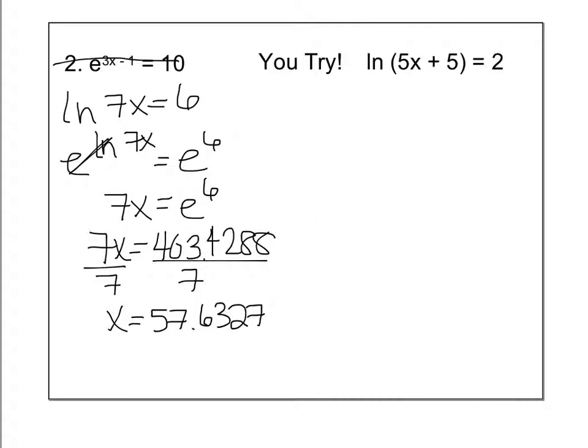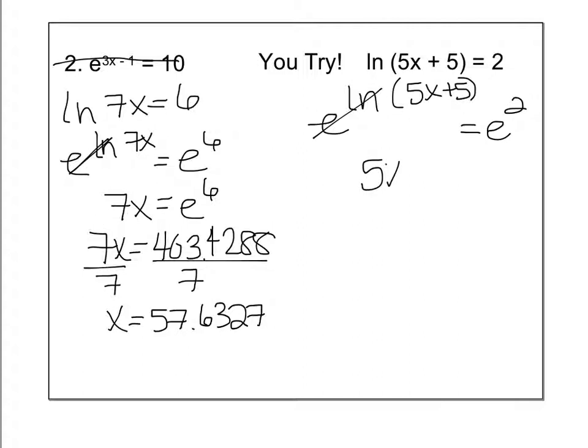So since there was an ln, we should have inserted an e to both sides. The e and the ln cancel, which drops this to 5x plus 5. e squared is 7.389, and then 1, that 0 should have rounded up because of the 5 behind it.